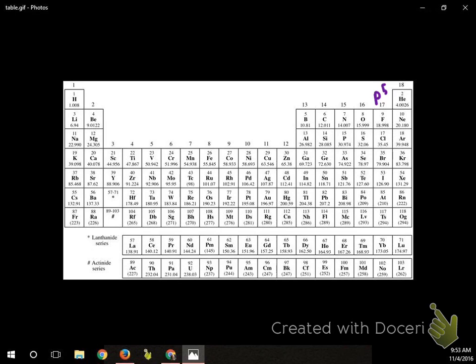It wants another one to complete its shell. Right? It has 7 valence electrons. So if we know we want 8, it only needs to pick up 1. So it's really, really likely that it's going to accept an electron.